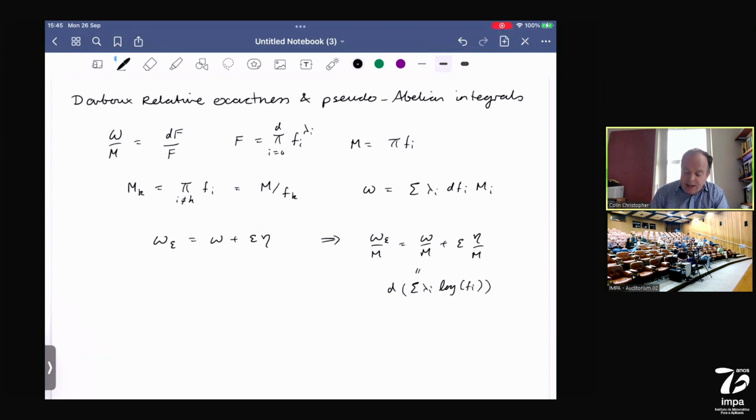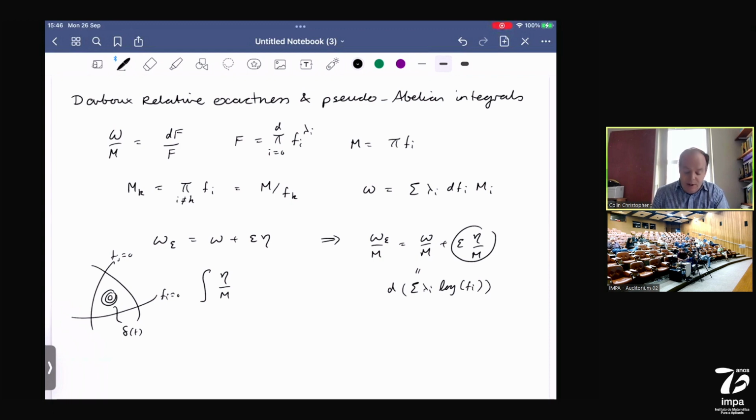In other words, this is a Hamiltonian system now, and we know that the limit cycles are given by the integrals of the perturbation term over the vanishing cycles. So in this case, the vanishing cycles are going to be a family of loops around a critical point. And we're always going to assume that if these are the invariant curves that make up the Darboux integral, we're away from those curves.